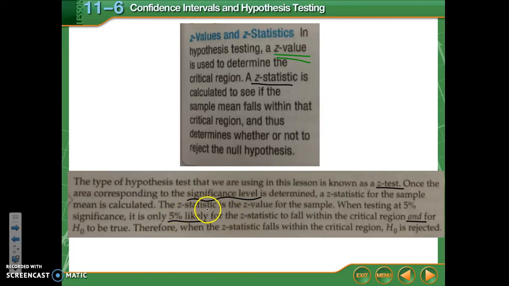So when I test at 5% significance, I'm saying, okay, there's only a 5% chance that my z-statistic would be in the critical region and my null hypothesis would be true. So if our z-statistic is in the critical region, that's why we reject the null hypothesis. There's only a 5% chance it would be there.